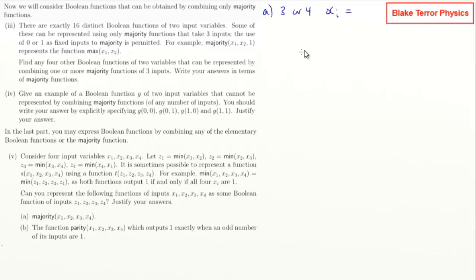So are we going to be able to do that? If 3 or 4 of them are equal to 1, then we get a 1. Or if it's 0, then we get a 0. So how would we be able to deal with this?